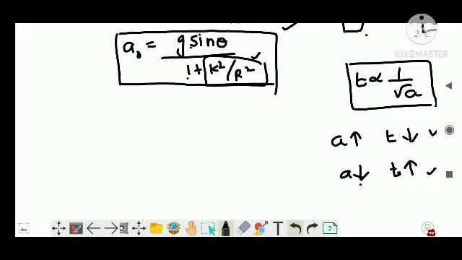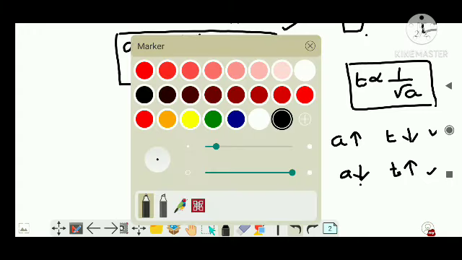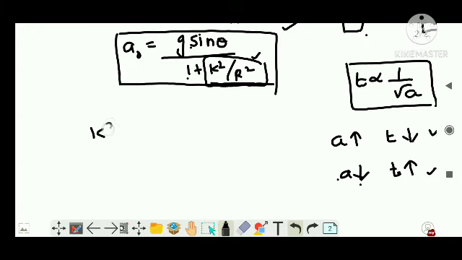So I can say, when the k squared by r squared value increases, the a will decrease, right?